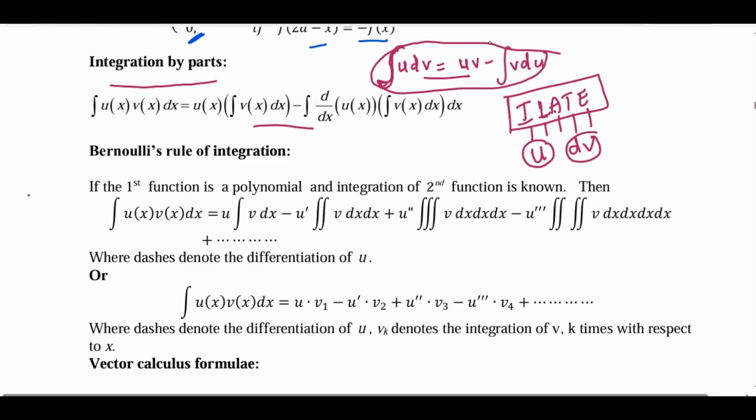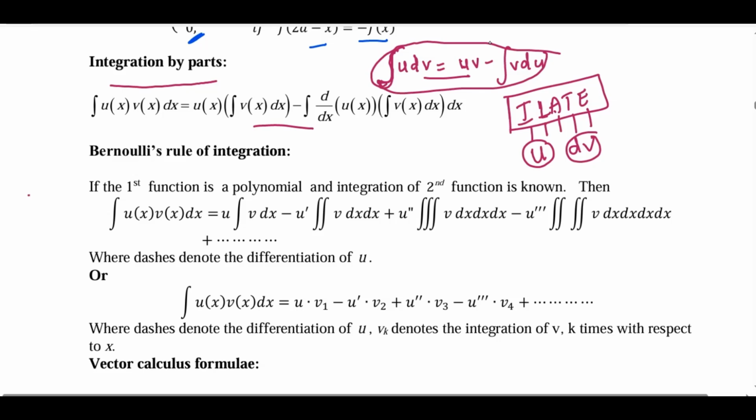Then you have Bernoulli's rule of integration. The first function is a polynomial and the integration of the second function is known. Then the integral of u(x) v(x) dx equals u times the integral of v dx, minus u dash times the double integration of v dx, plus u double dash times the triple integration of v dx, minus u triple dash times the fourfold integration of v dx, where dashes denote the differentiation of u.